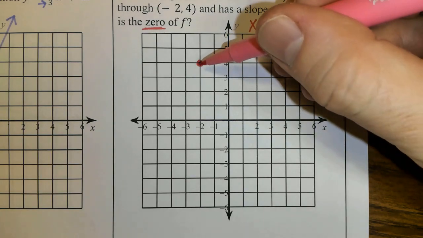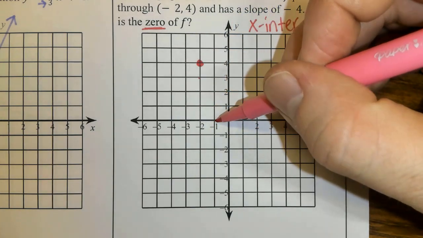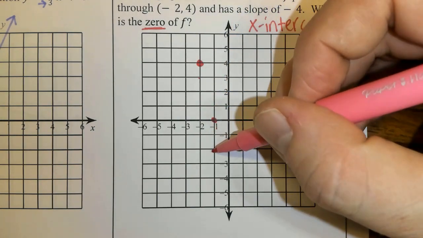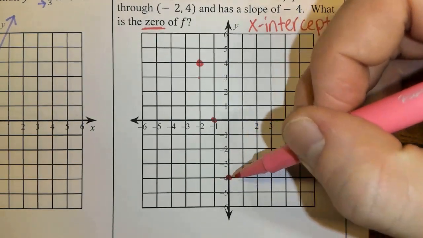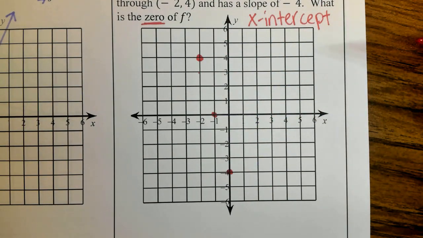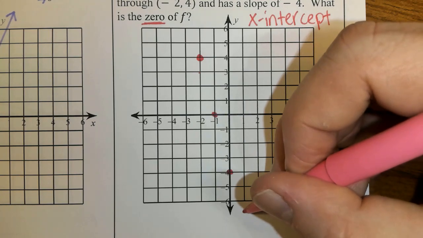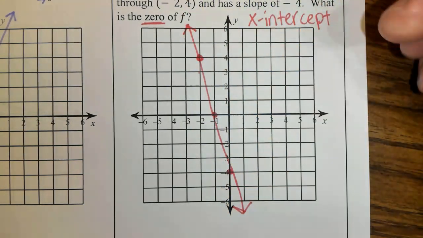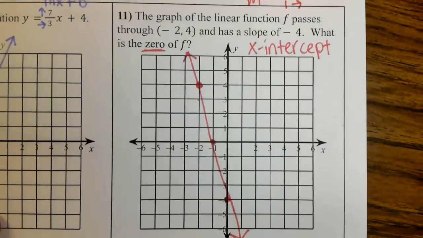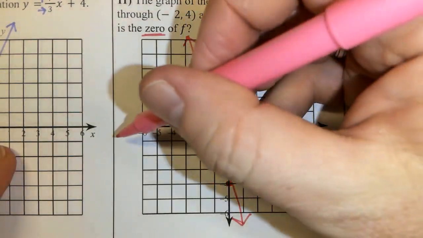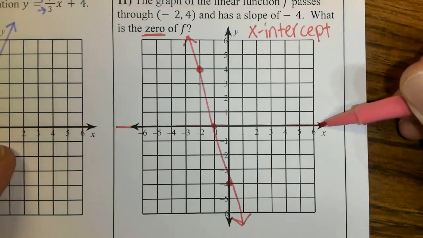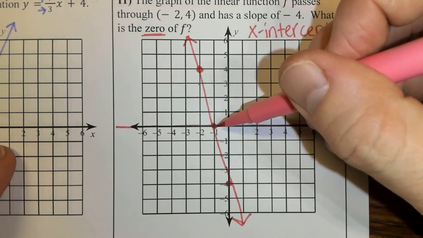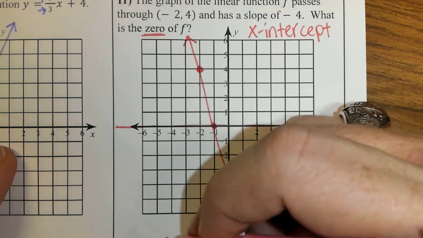So starting with this point, I'm going to go down 4, 1, 2, 3, 4, over 1. I can't keep going, but look, I got 3 points that I need. My line's probably not completely straight because I don't have a ruler, but that's fine. All right, so once I get my line, I want to know the x-intercept, so where it crosses my x-axis, which we have a point there, and that is (-1, 0).